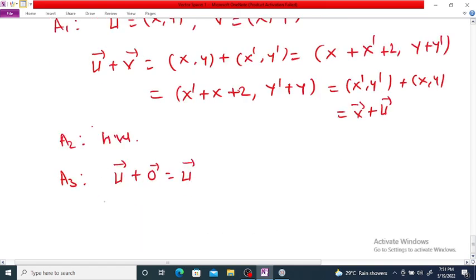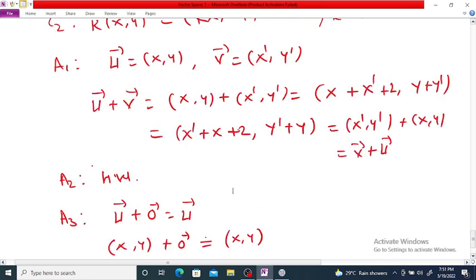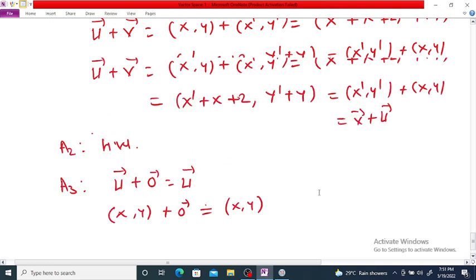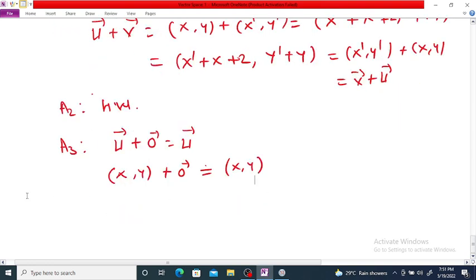So u bar is given as xy, so u bar plus 0 bar is equal to xy. What is the value of 0 bar here?